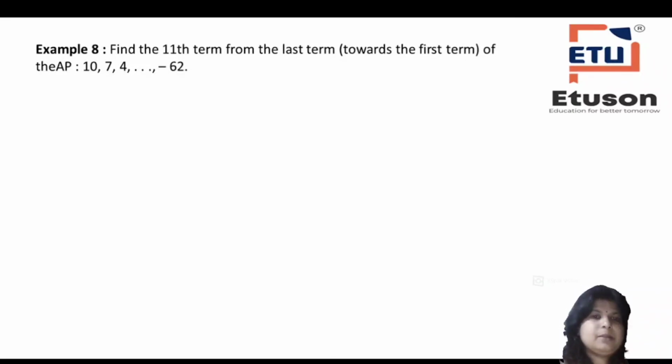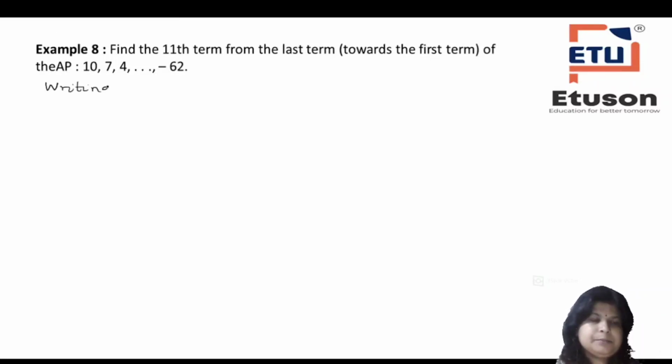Find the 11th term from the last term of the AP. There are two ways to find the 11th term from the last term towards the first term. So what we will do, we will write down the AP in reverse order.